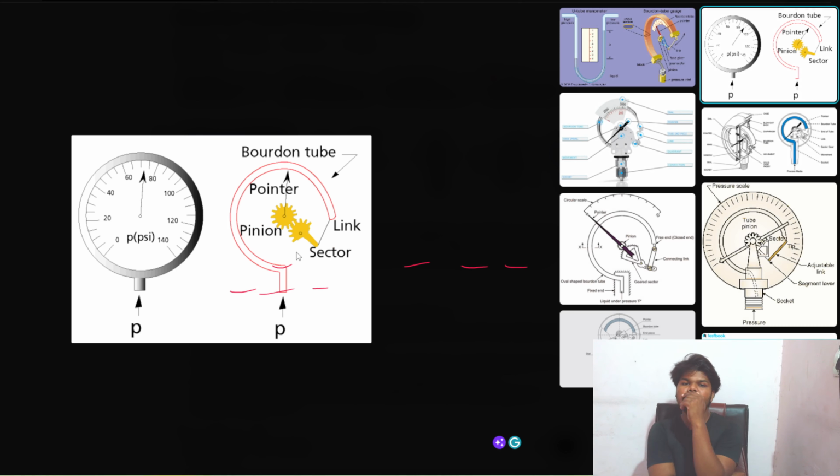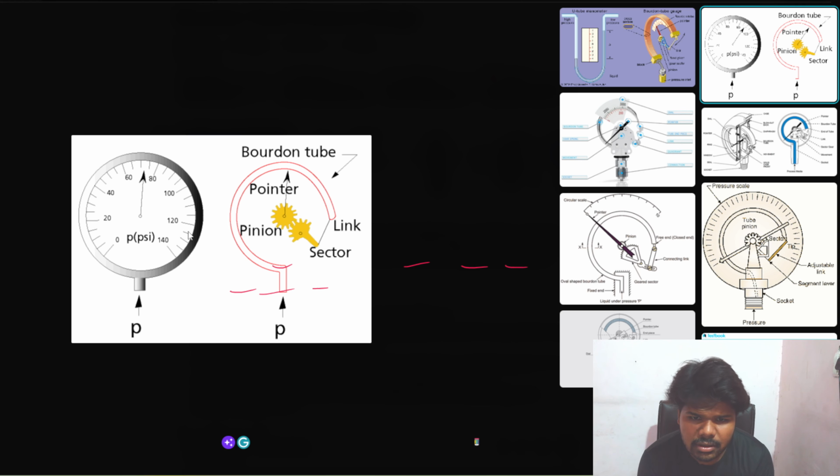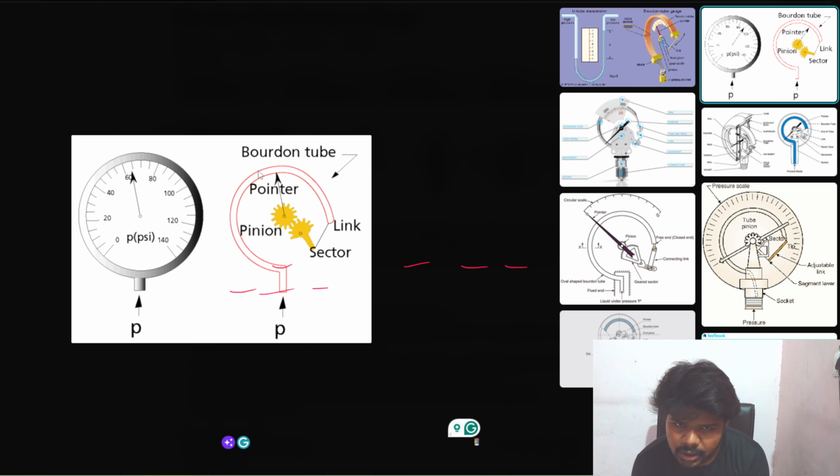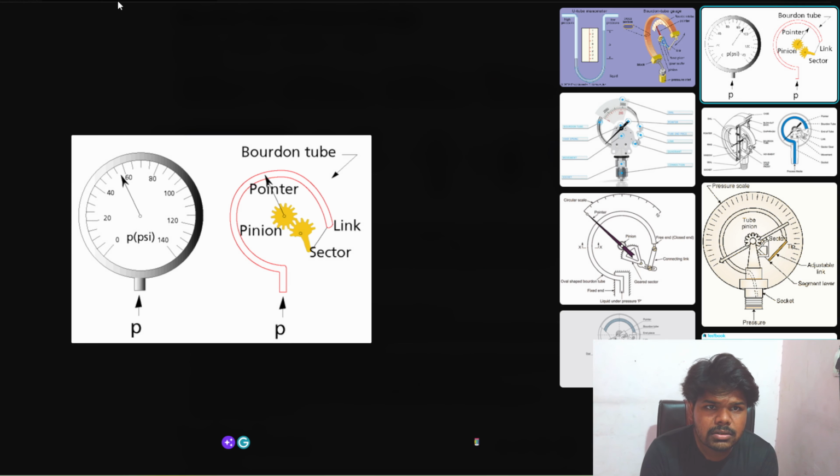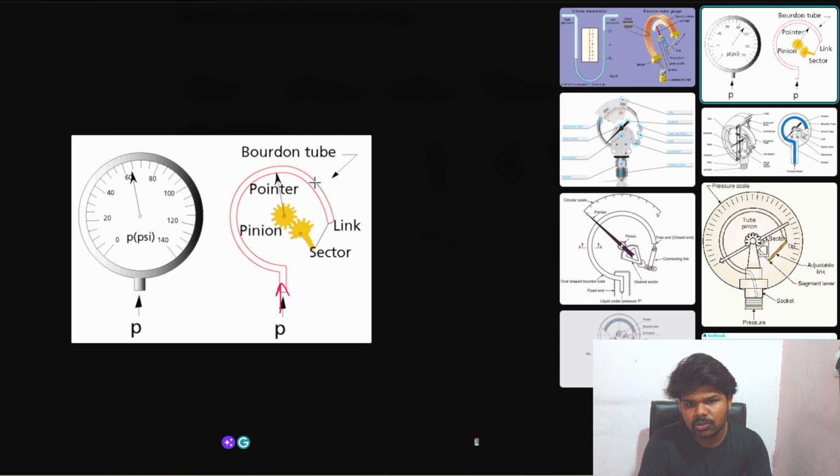Okay, so you can see what kind of figure is shown. The Bourdon tube is a very easy pressure gauge. In this there will be a tube. Pressure is applied from this side. Understand, pressure goes in and the Bourdon tube changes its position. So here it is changing, here it is changing.